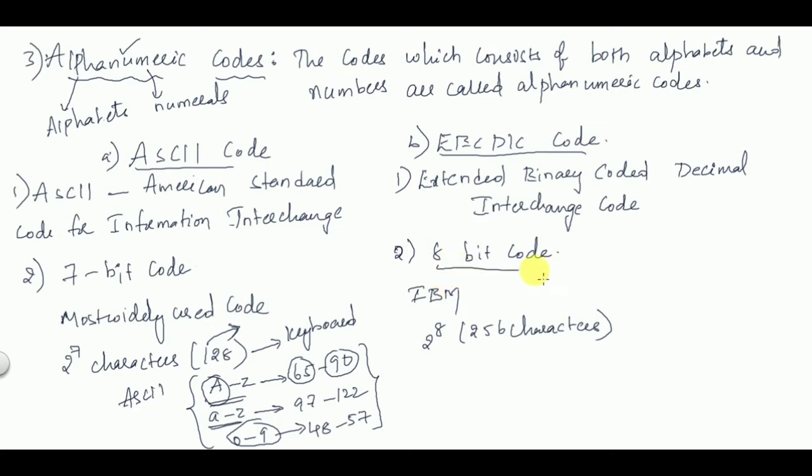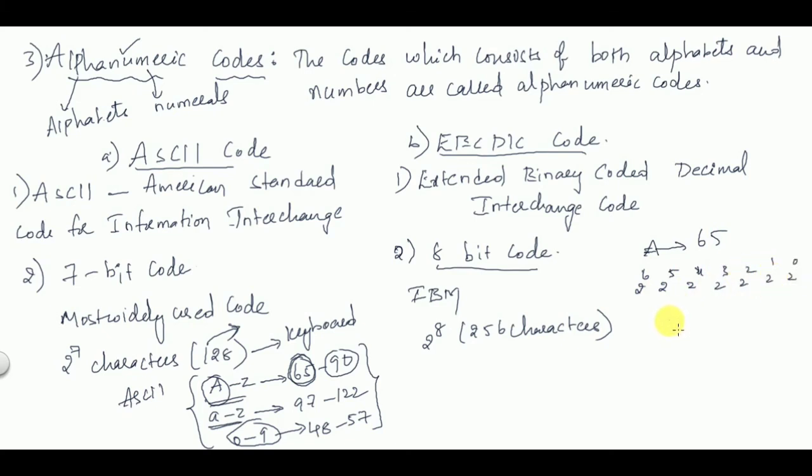Each value in ASCII code is represented with 7 bits. Suppose the letter A is there; its decimal value is 65. How do we represent 65 in 7 bits? The bit weights are 2 power 6, 2 power 5, 2 power 4, 2 power 3, 2 power 2, 2 power 1, 2 power 0.